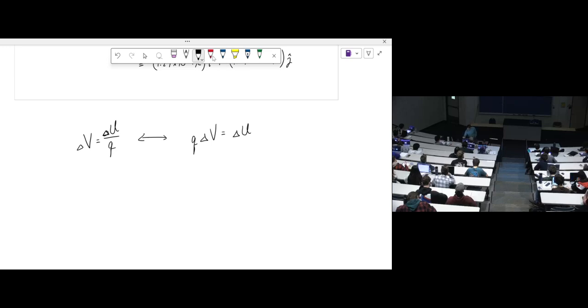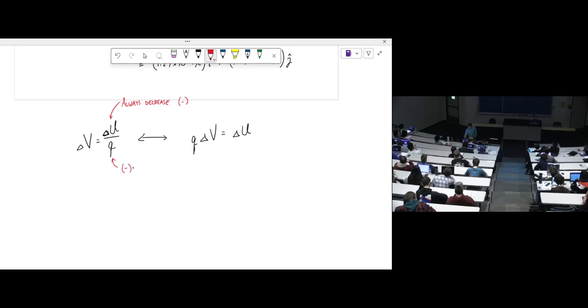But we know that spontaneously, this is always going to decrease. Right? That the change in potential energy is going to decrease, or we would say that that's negative. But for a negative charge, I've got that right there.